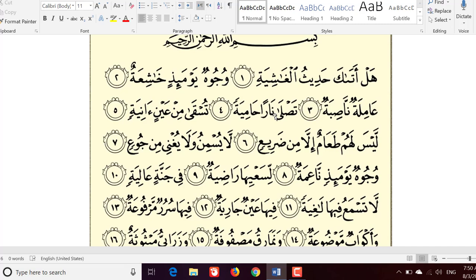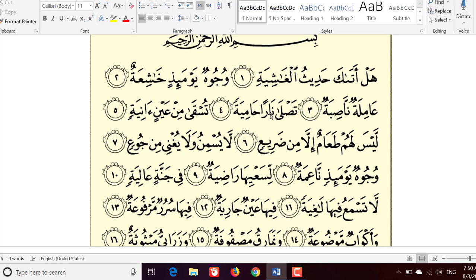So we've mentioned that there are certain words that are feminine even if they don't have any feminine indicators. Like shams is feminine, as in shamsi wa duhaha. And so nar is also feminine, which we benefit by its adjective. Okay, we see they're on the same scale. So nar with hamia. Hamia does not describe faces, it describes nar.